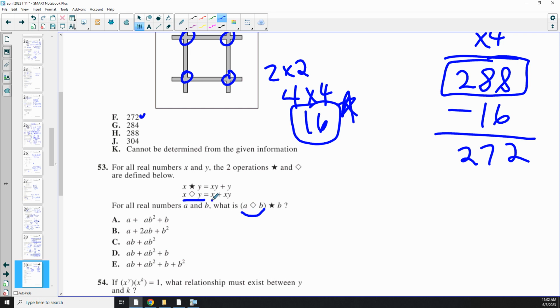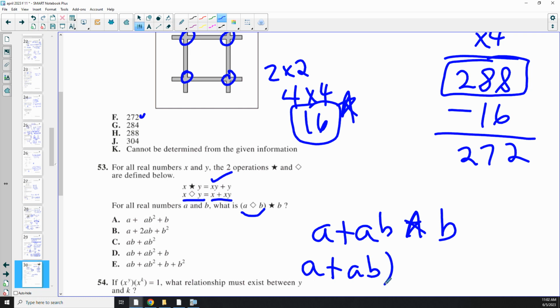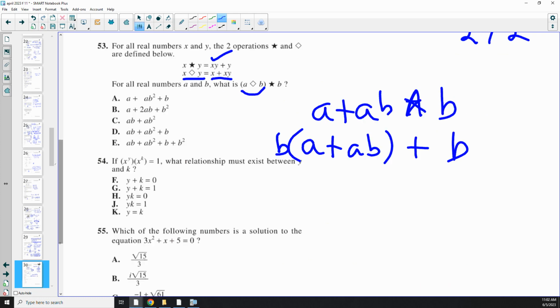A diamond B is the first one, A, plus the product of the two, and then we want that star B, and star means we take the product of the two, A plus AB times B, I'll put it in the front, plus the second one, who is B. So now if I multiply that out, that's AB squared plus AB plus B. Now I gotta find it.